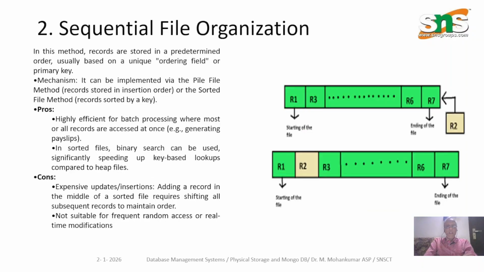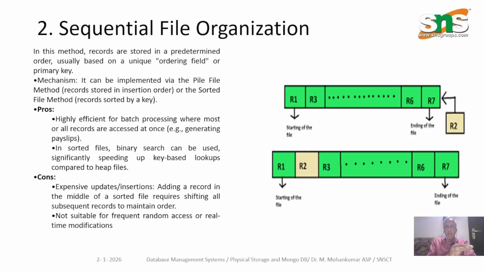Okay. Next one is sequential file organization, which is just the opposite of heap file organization. We have to follow a sequential flow of activities. In this method, records are stored in a predetermined order, usually based on a unique ordering field or primary key.